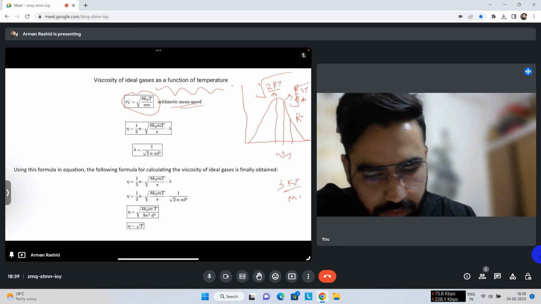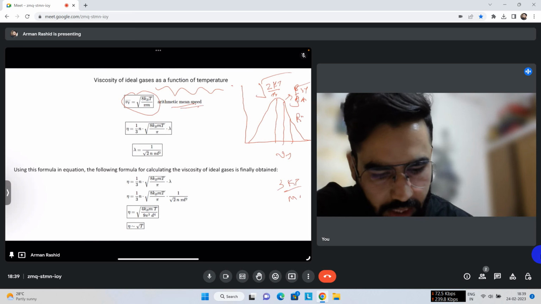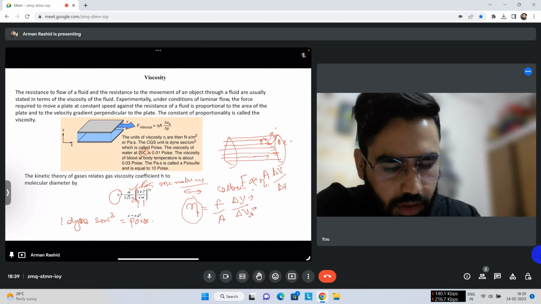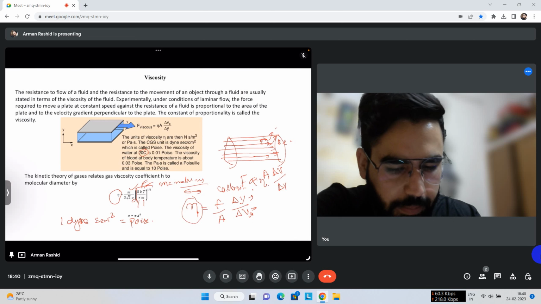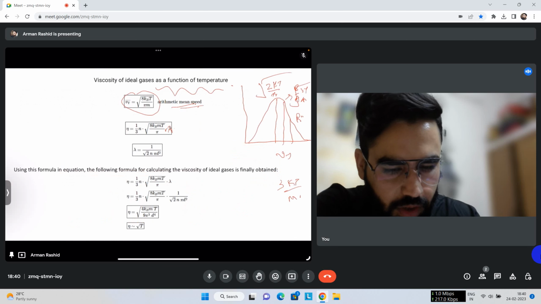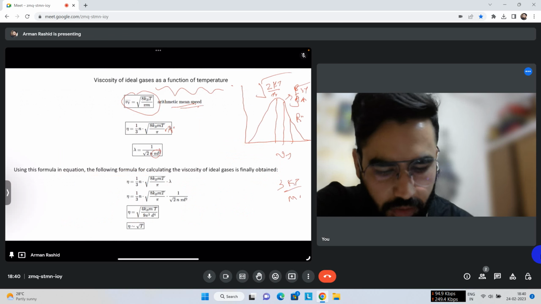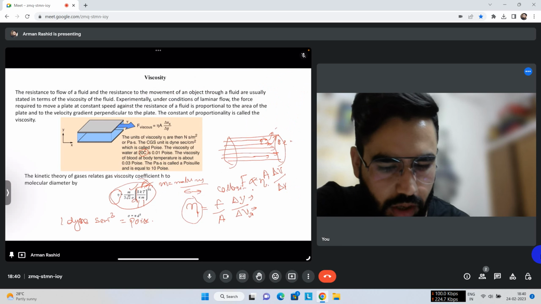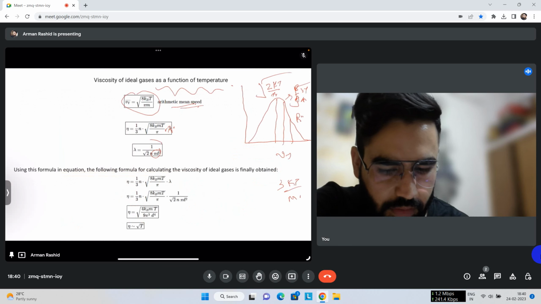Therefore, from this equation, viscosity is given by 1 by 3 n times root of 8kT m by pi, multiplied by lambda. This lambda is 1 by root 2 n pi d square. We have used this equation and plotted the value of lambda.